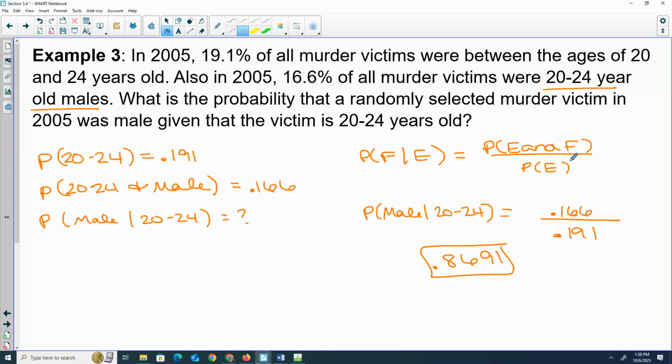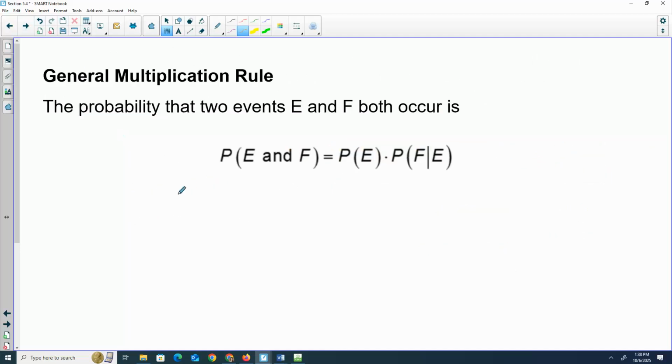So we know and means multiply, right? And we were talking about independent events Friday, that if they had nothing to do with each other, all you had to do was multiply their probabilities. If I take this division statement and wanted to rewrite it without a division, I would just multiply over my probability of E.